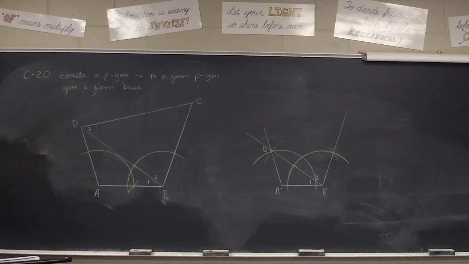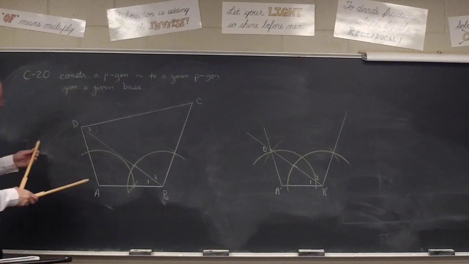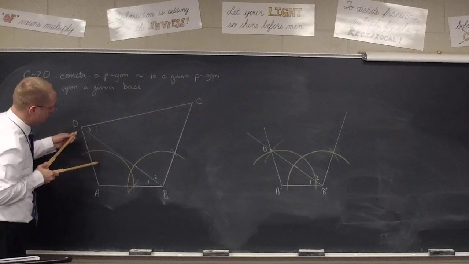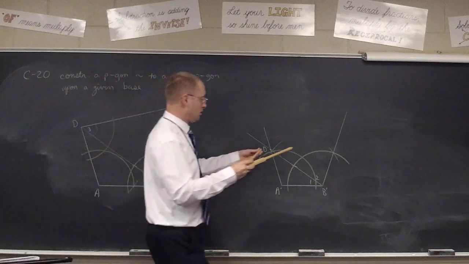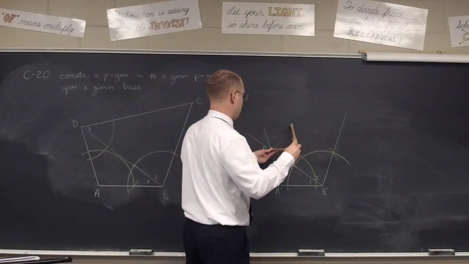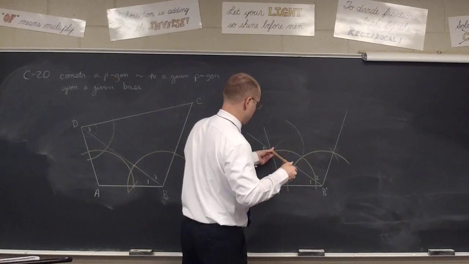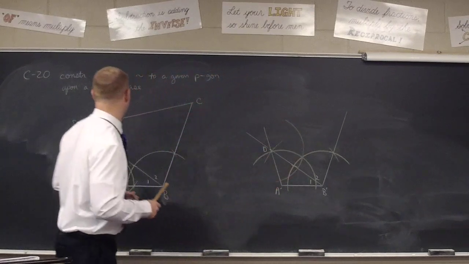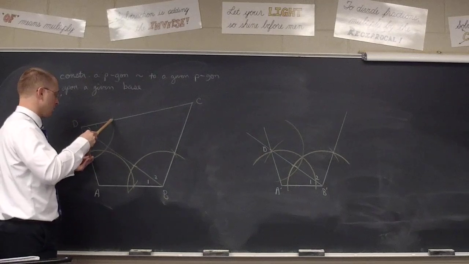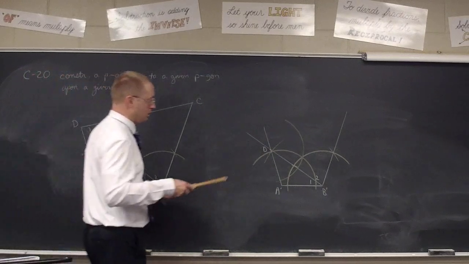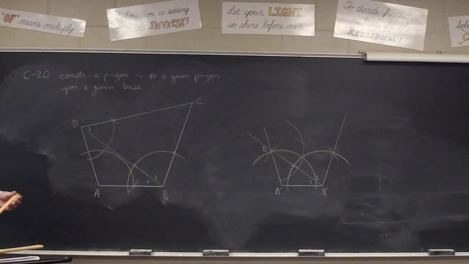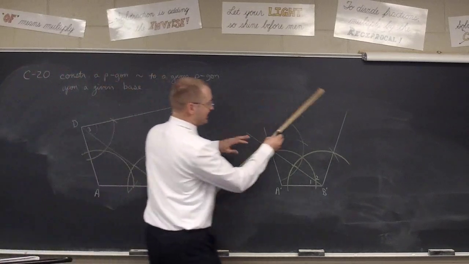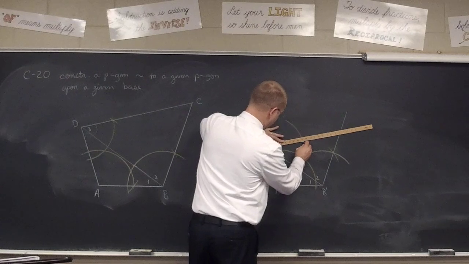I'm going to do the whole angle at D. You can see that none of the steps are hard, but this construction, more than perhaps any we've done so far, forces you to focus on exactly what you're supposed to be doing.